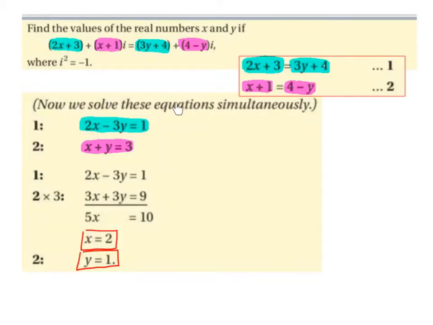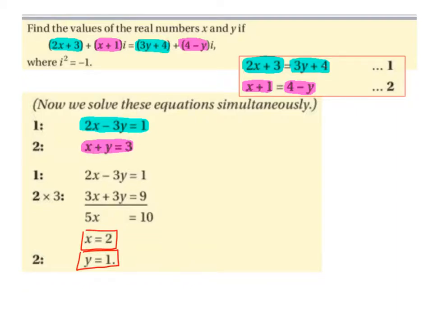Now we're going to solve these equations simultaneously. Equation 1, which was 2x plus 3 equals 3y plus 4, can be rearranged as 2x minus 3y equals 1. And x plus 1 equals 4 minus y, which was equation 2, can be rearranged as x plus y equals 3.